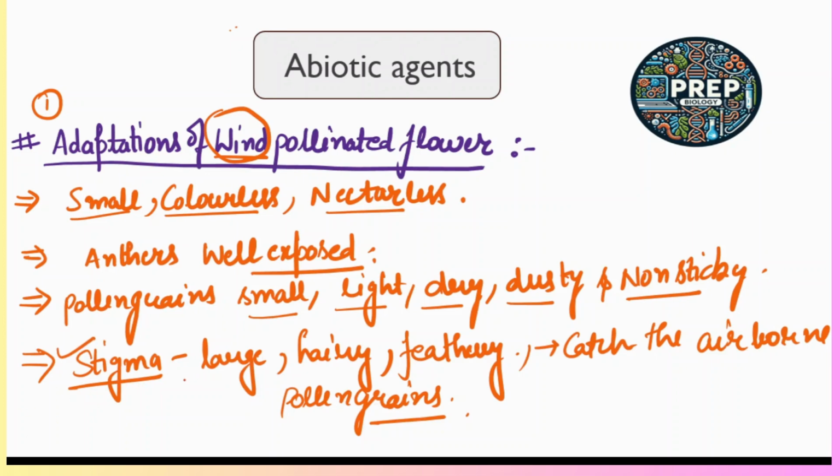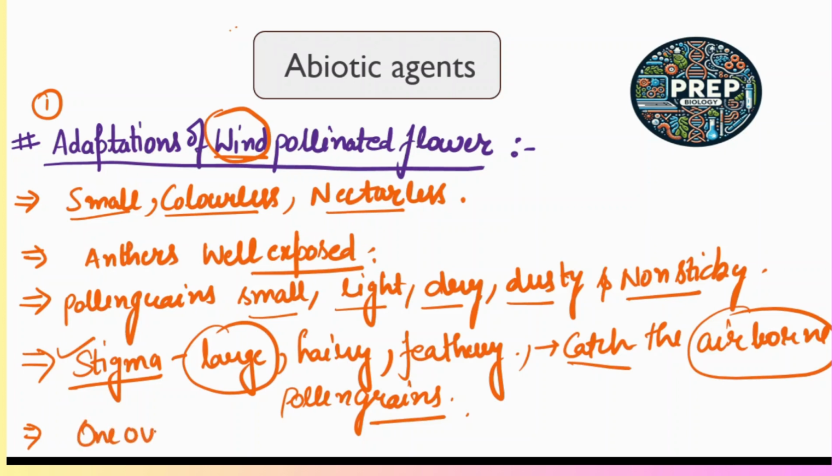The stigma must be large in shape, hairy, feathery in nature, so that it can catch the airborne pollen grains. Now the last feature of this adaptation is it has only one ovule in the ovary. So these all are the features of wind pollinated flower.